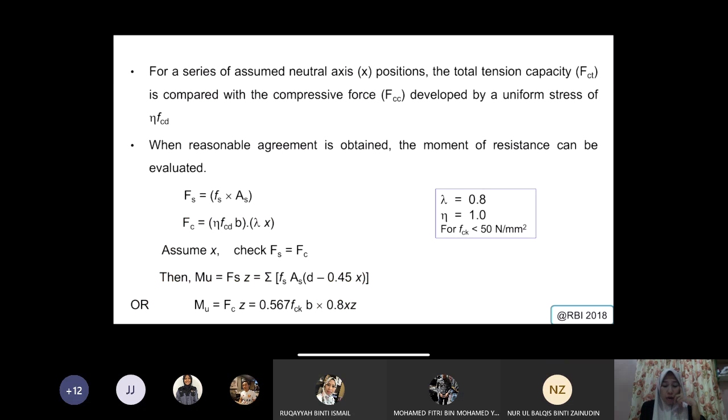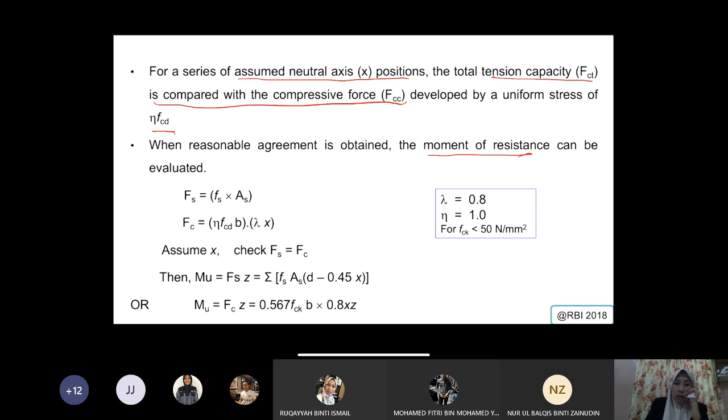Okay, and then for a series of assumed neutral axis positions, the total tension capacity is compared with the compressive force developed by the uniform stress of eta fcd. When a reasonable agreement is obtained, the maximum resistance can be evaluated.